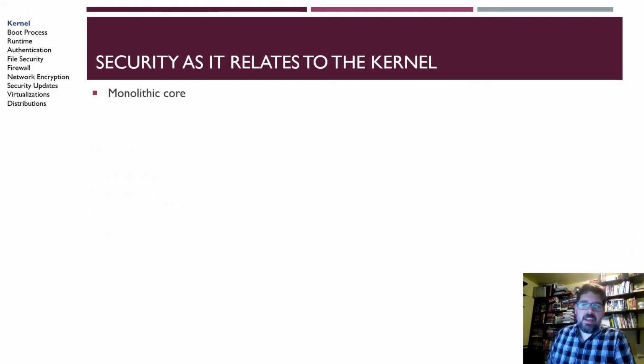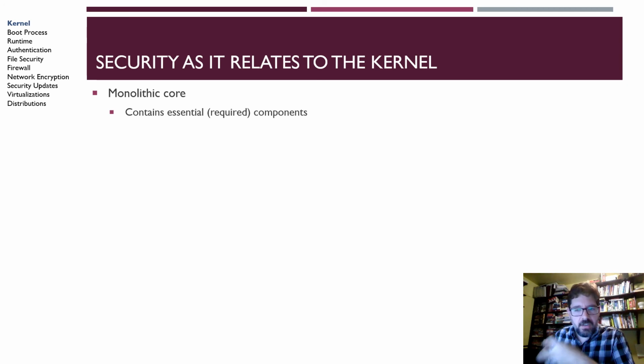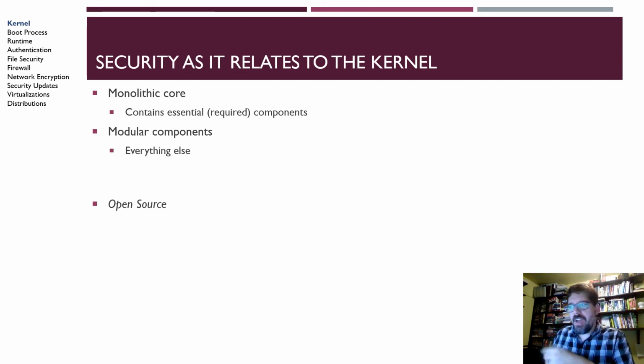Usually when we talk about the kernel, there's two parts. There's the monolithic core, and this is the essential required components. It's essential for the computer to run, right? You cannot start without the core essential components. So that is the monolithic core of the kernel. And then around that you have modular components which are added to the kernel, and this could be things like drivers, and other applications and programs and tools and utilities and so forth.